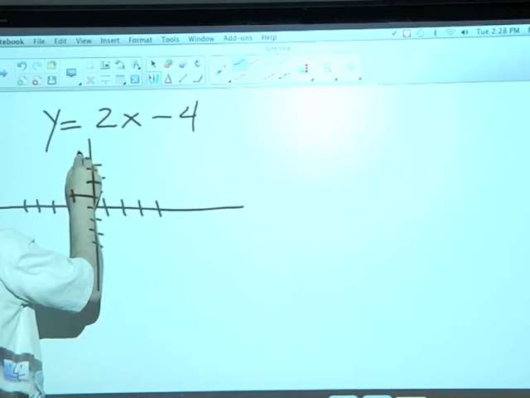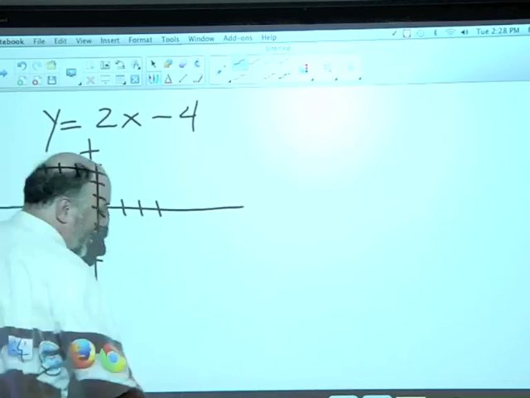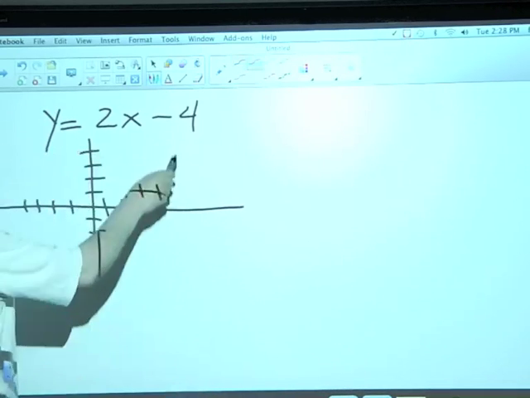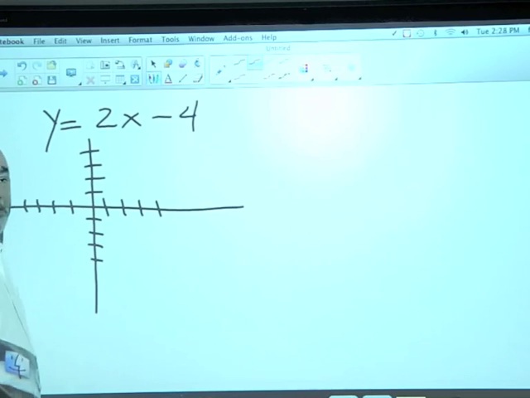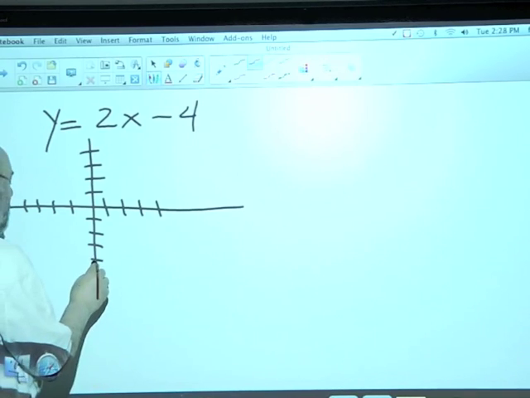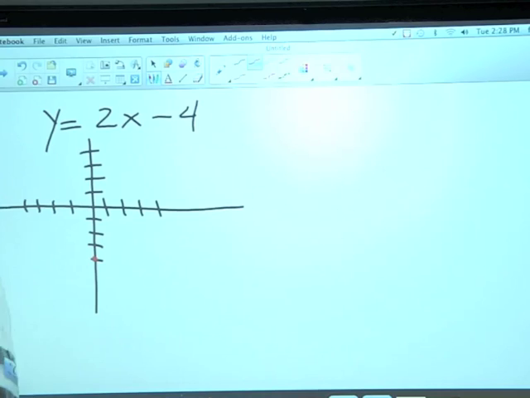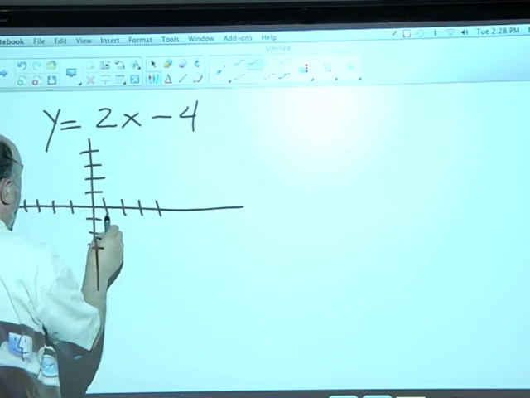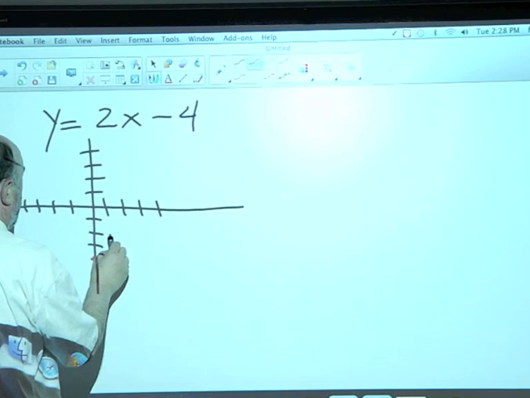Like he said, you start by plotting the y-intercept, which is -4. So let's plot it. That's down there. The slope is 2, which means go up 2 and go over 1.